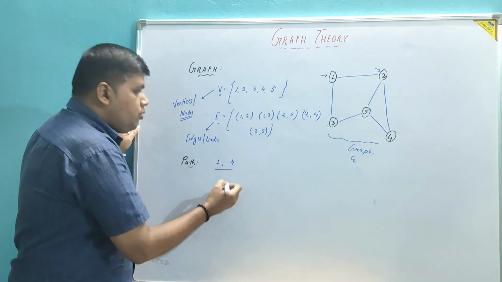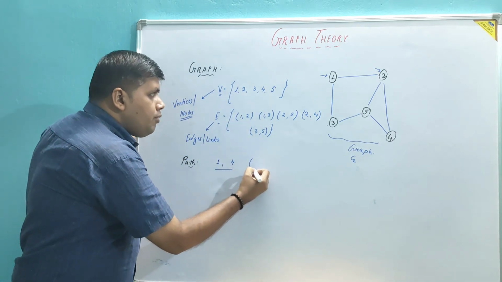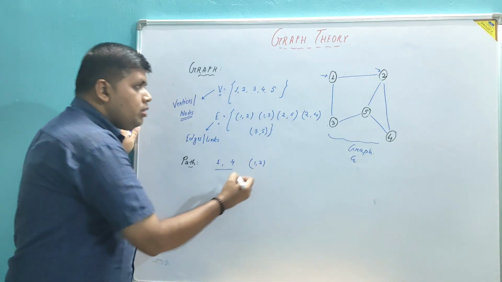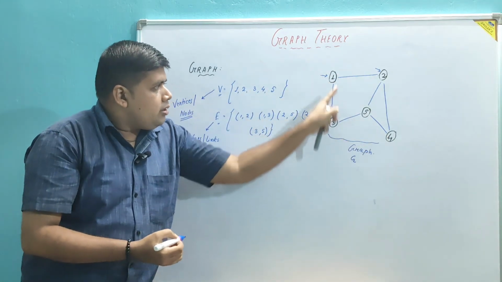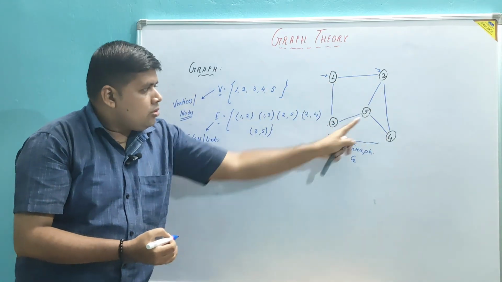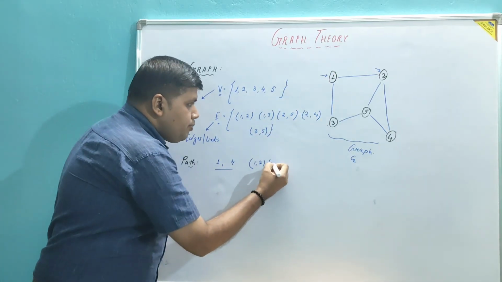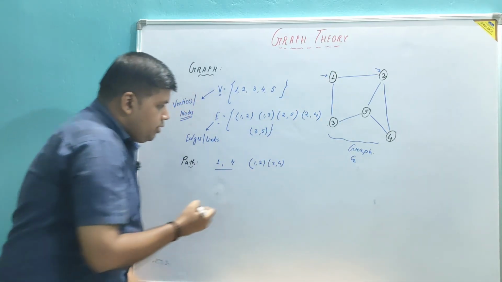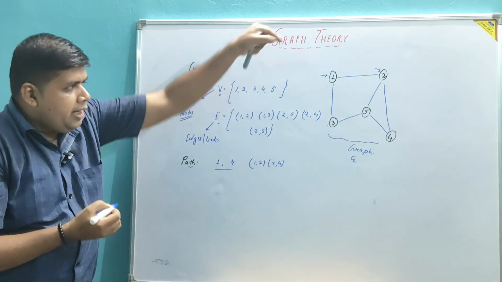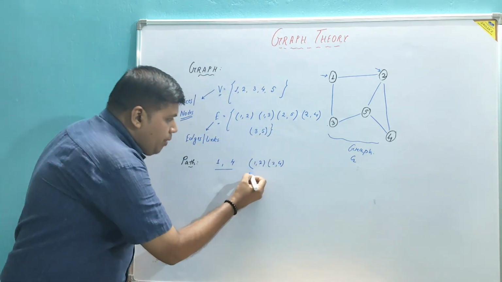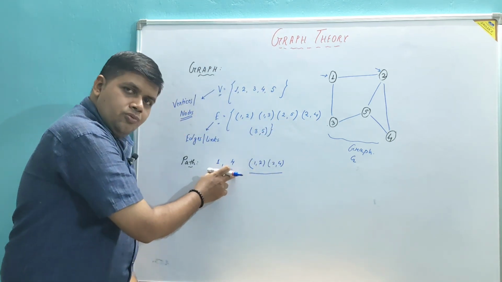To move from 1 to 4, there are many ways. One is 1 to 2, and then 2 to 4. So it is moving from 1 to 2 and from 2 to 4. This is one path from 1 to 4.